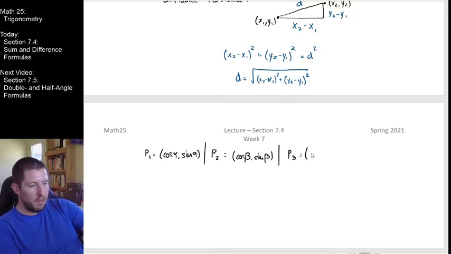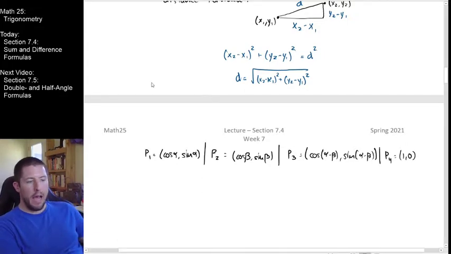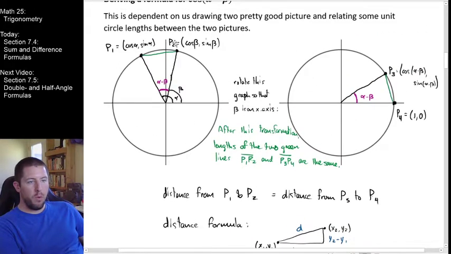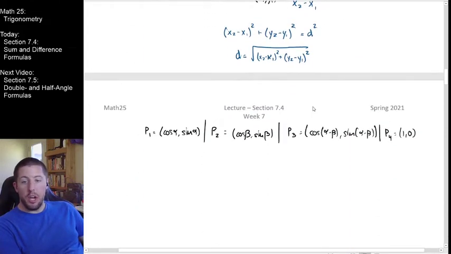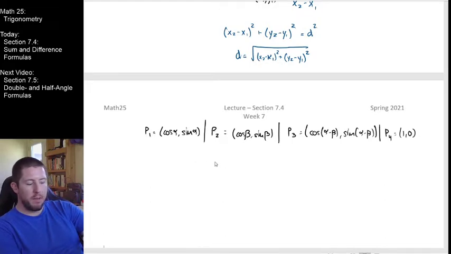P3 is cosine of alpha minus beta, sine of alpha minus beta. And P4 was 1, 0, right? I'm just copying down all of these P1, P2, P3, P4 from our diagram up here, right? And what I want to show is that the distance from P1 to P2 is equal to the distance from P3 to P4, and let that be my guiding statement right here.